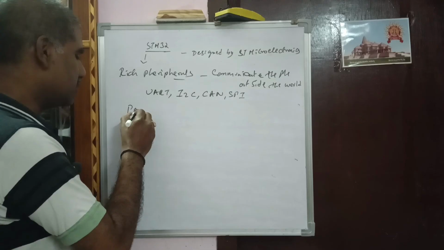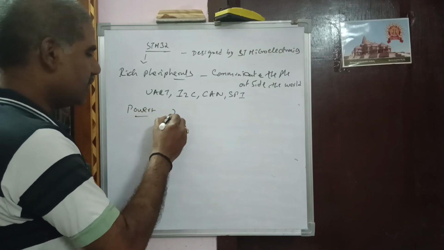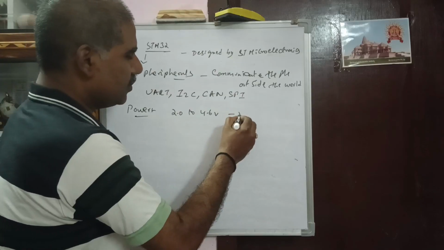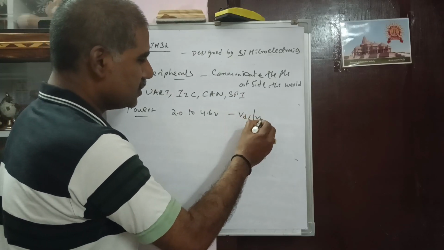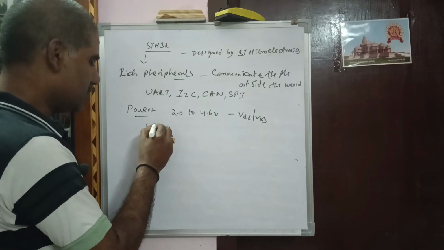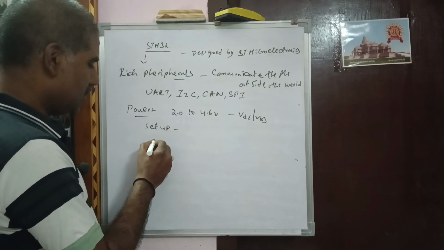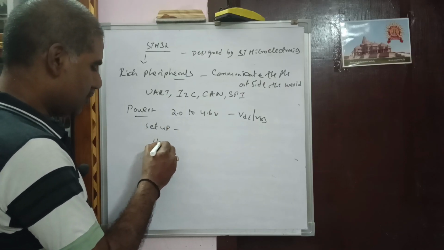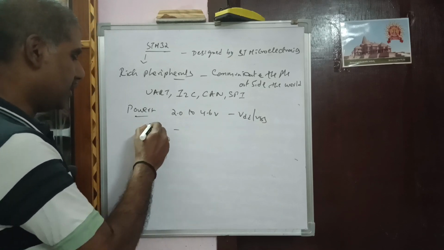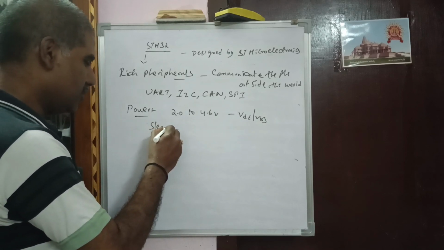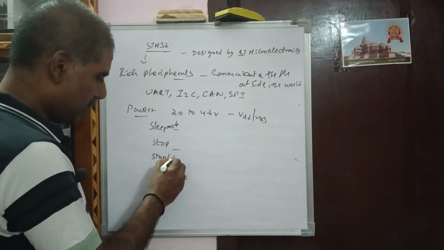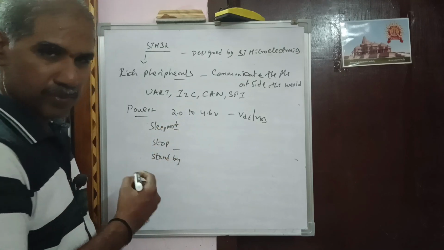Another one is power, which requires a supply from 2.2 to 4.6 volts. It may be VDD or VSS. It has 3 power modes: sleep mode, stop, and standby. These 3 come under power.